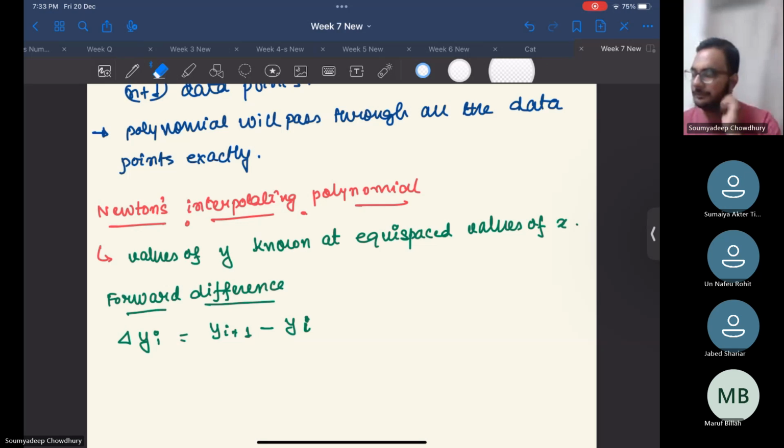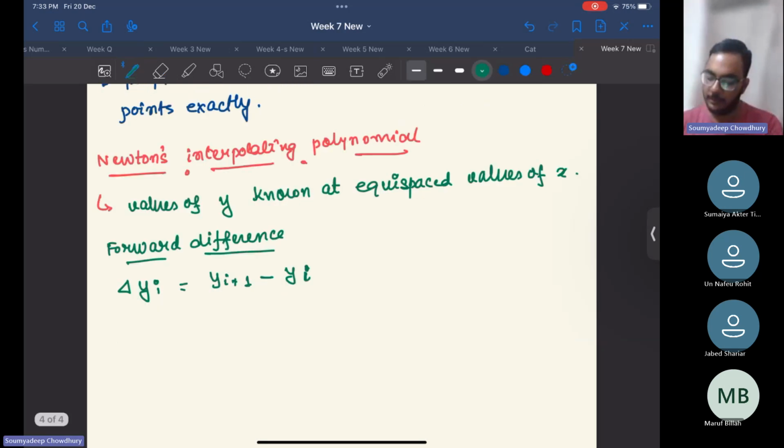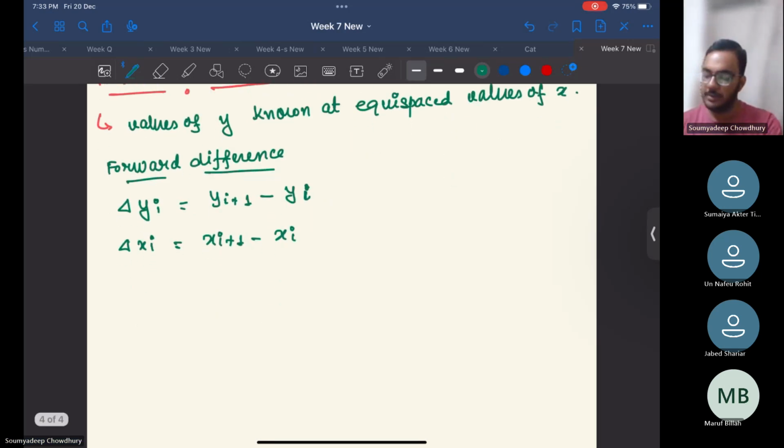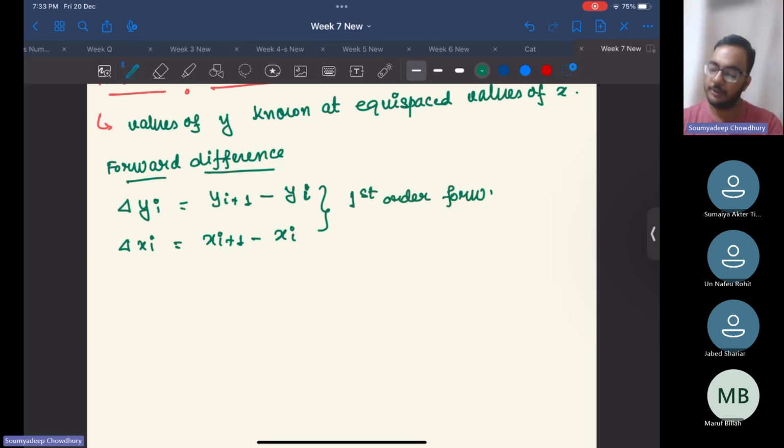Similarly, for the independent variable, it is xi plus 1 minus xi. This is the first order forward difference.